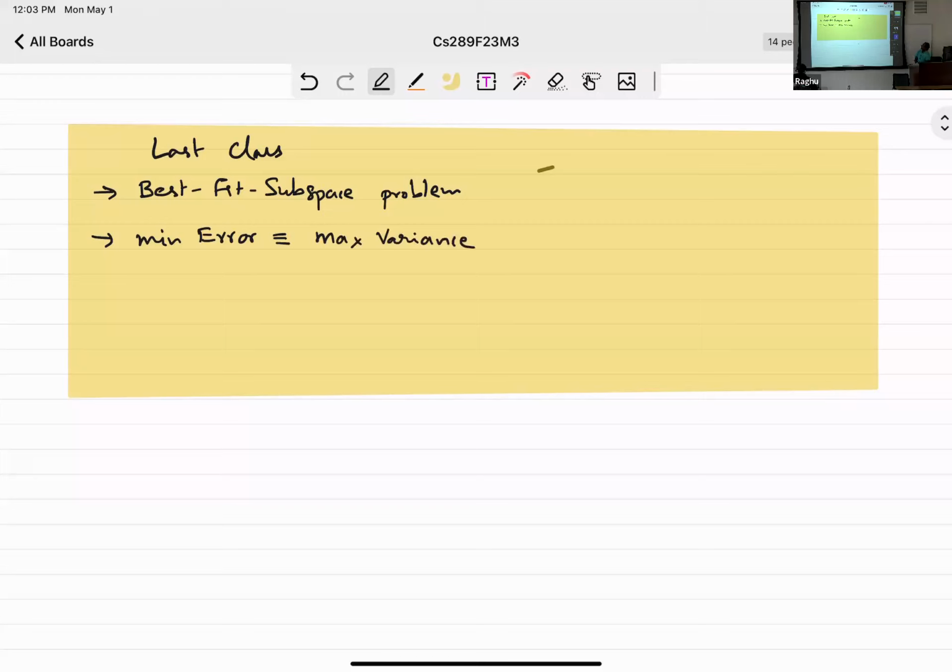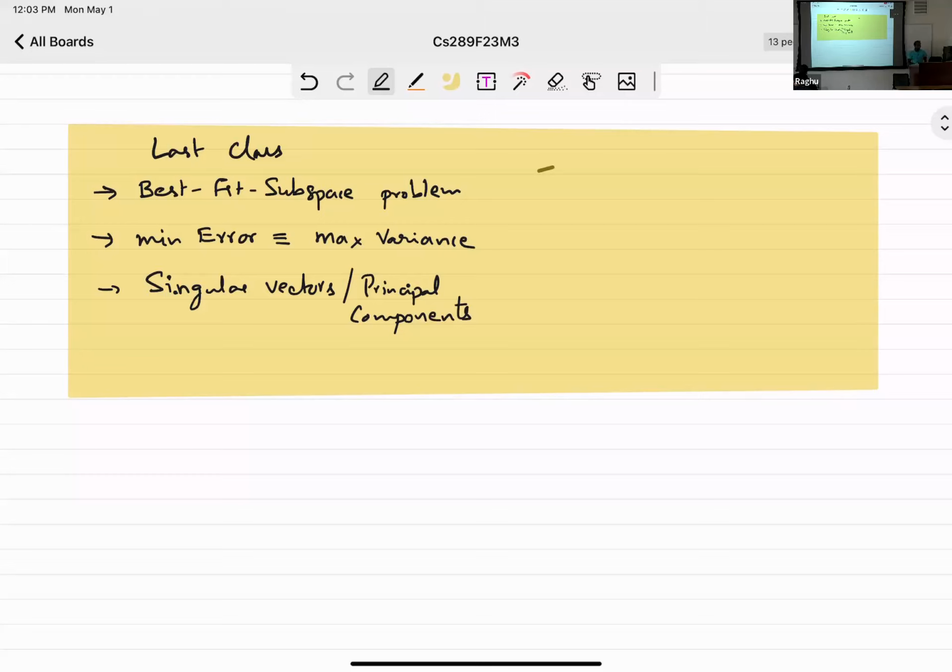Okay, and we also had this very important definition of principal singular vectors, right? Of singular vectors and principal components. Okay.